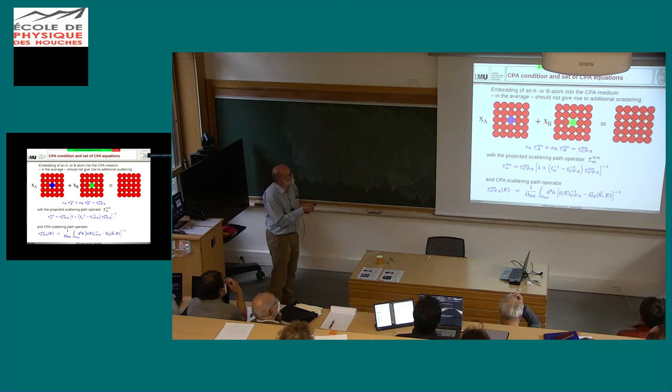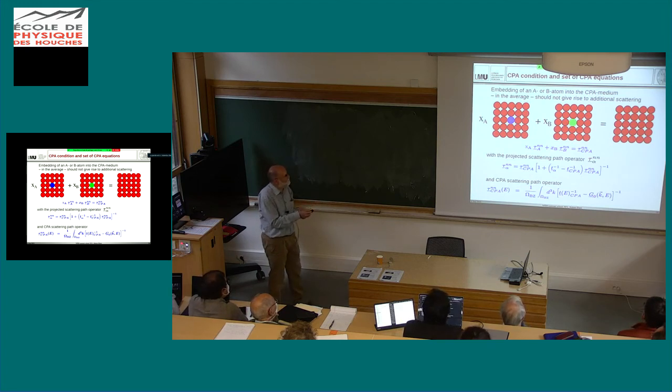And now, how do you get them? You say, if I replace one of these CPA atoms by a blue A atom or by a green B atom, and I weight these two situations by the composition, then I should recover that situation here. And in terms of the scattering path operator, this is nothing else but this equation.